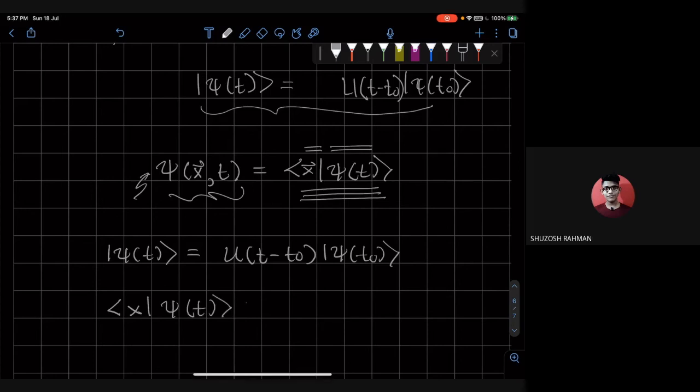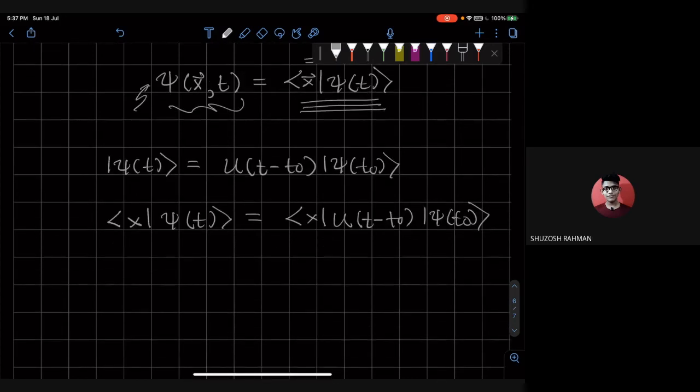So I have to multiply this equation by x from the left side, right? Do you get what I'm doing? Yes, sir. Okay, and what is this? This is nothing but psi of x, t, the left-hand side.